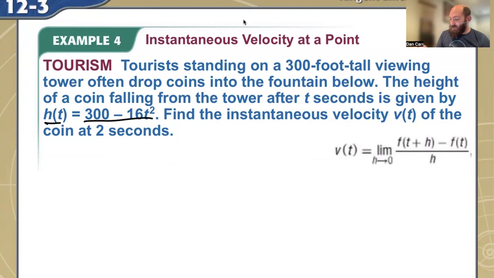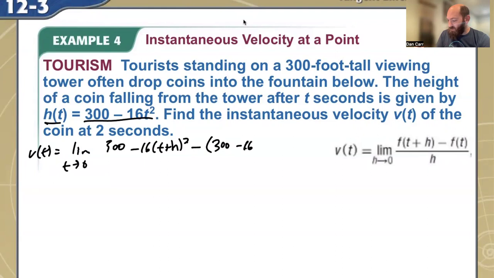To evaluate this limit, v of t is going to equal the limit as h approaches 0 of h of t plus h, that's 300 minus 16 times t plus h squared, minus h of t, which is 300 minus 16t squared, all over h.